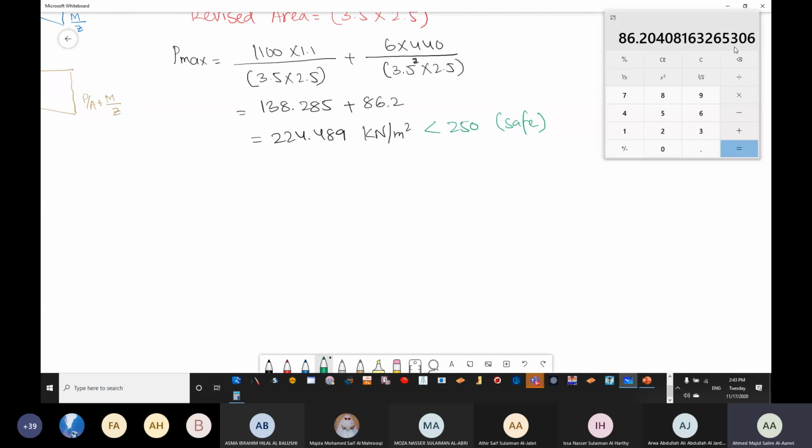Let us go for P minimum. We have 138.285 minus 86.2, and the answer is 52.085. Is this lesser than 250?